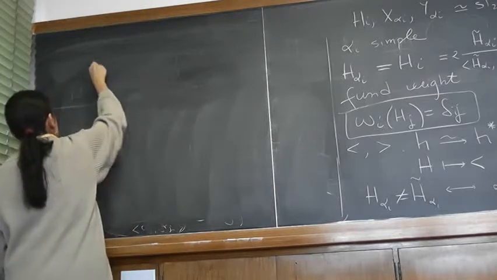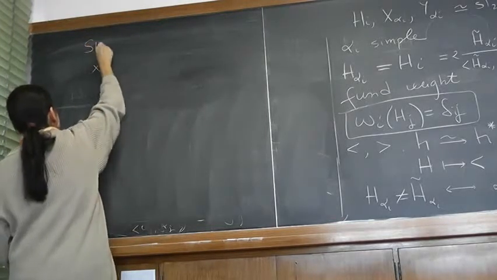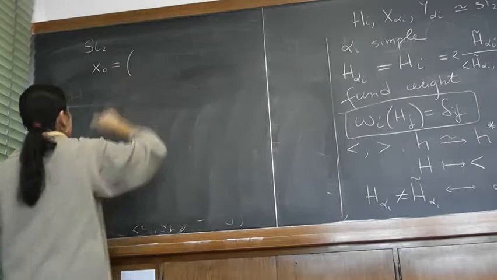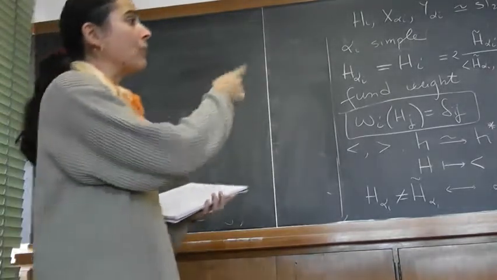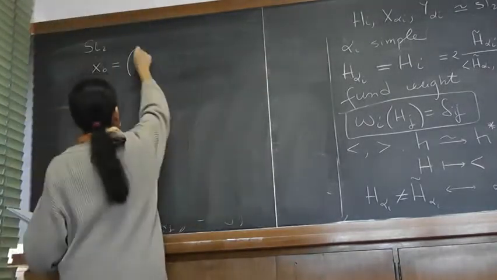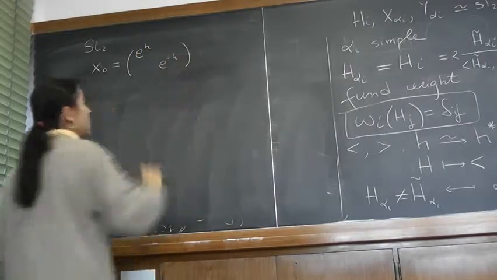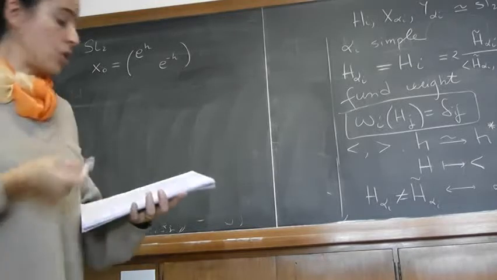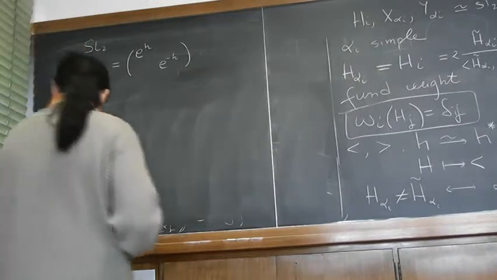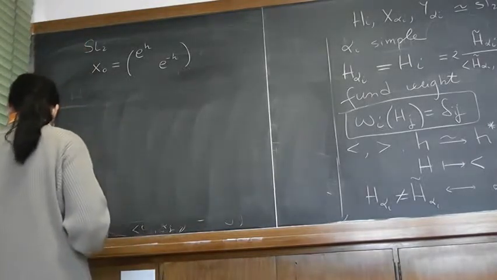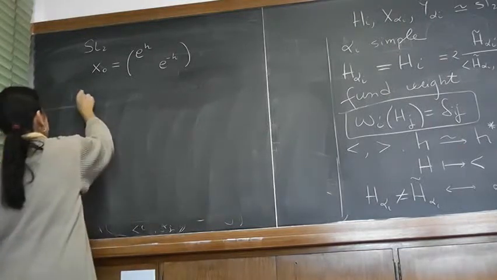So for SL2, x0, the most general, we worked it out before, is e to the h, e to the minus h. This was the general expression. Now, first of all, what is omega in this case?